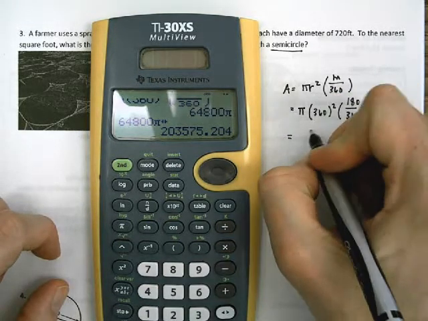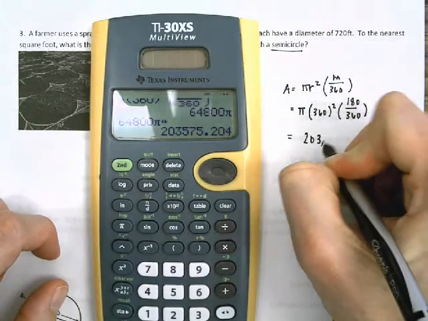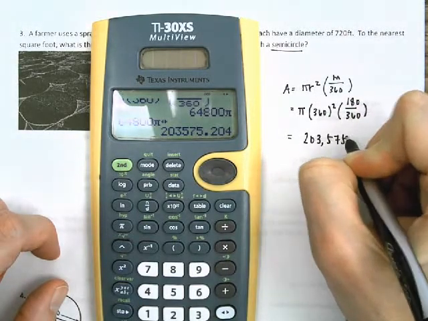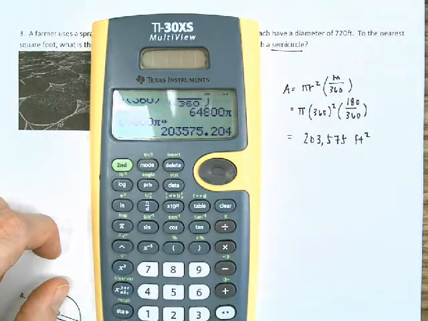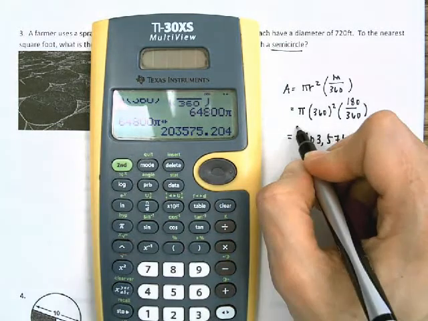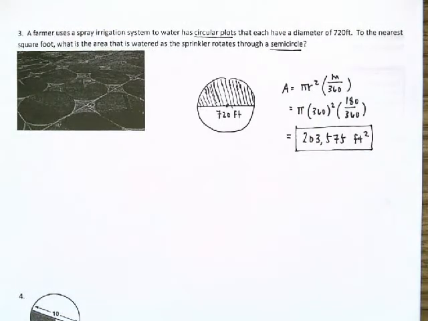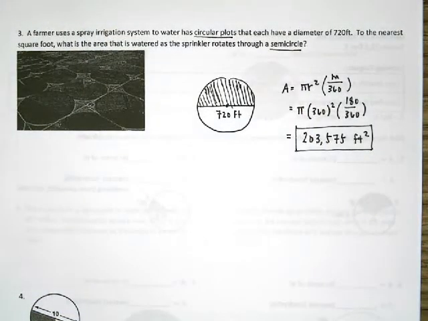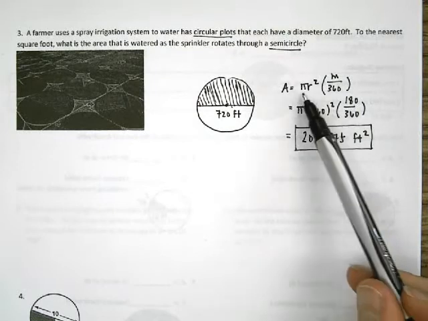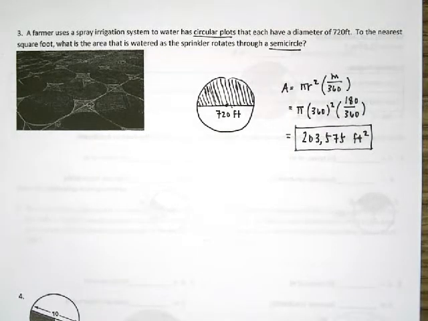I want nearest square foot, so it's going to be 203,575 square feet. Now again, if you had realized that was just the area of a semicircle, you could also just do pi r squared over 2, but that would give you the same answer.